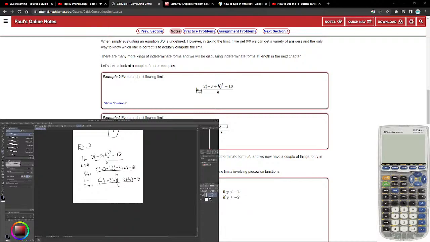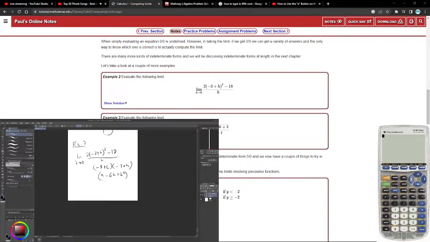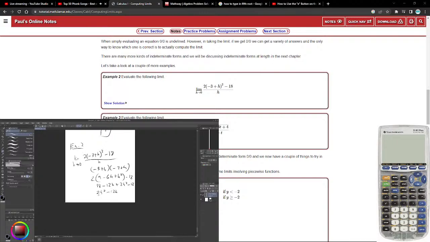Should be able to factor an h out, right? Ah, the 18s cancel out. Look at that.